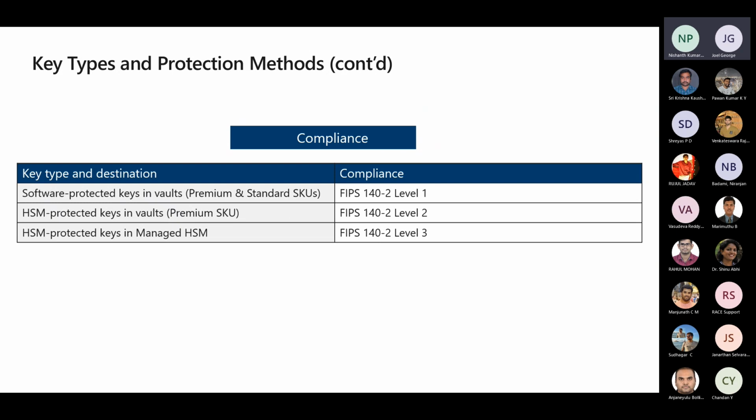Okay, let's ask: how many of you have implemented 27001 before in your career? 27001. Anyone? No one? Okay, that's fine. What is 27001? Can anyone tell me? ISO compliance.